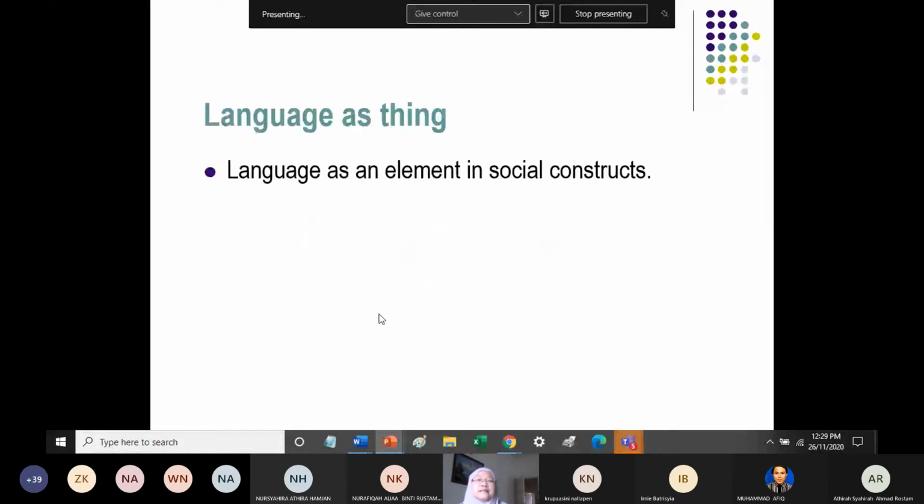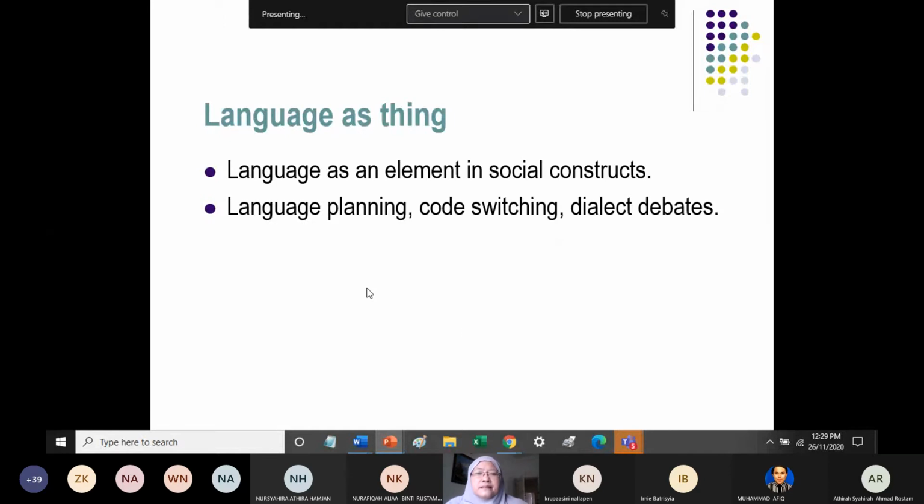Language as a thing, language as an element in social constructs. This is important when we can see that a few things happen as social constructs in terms of language planning. So language planning is usually done by authorities.